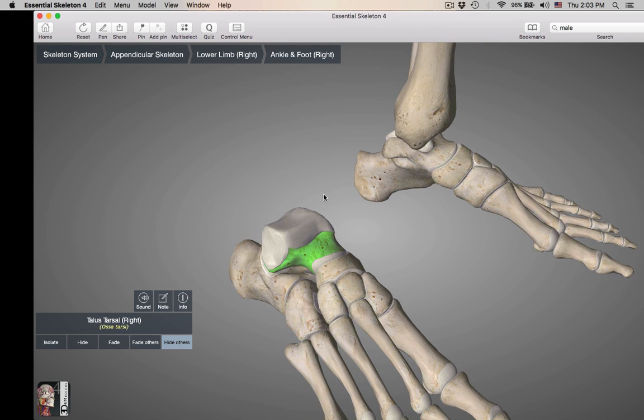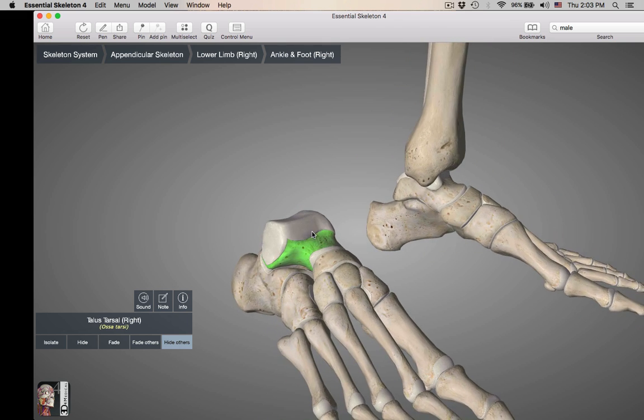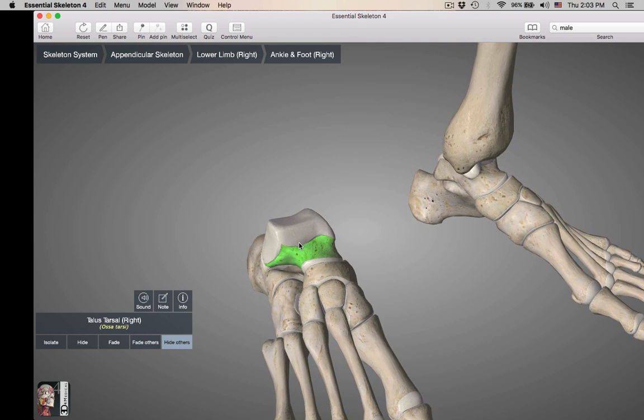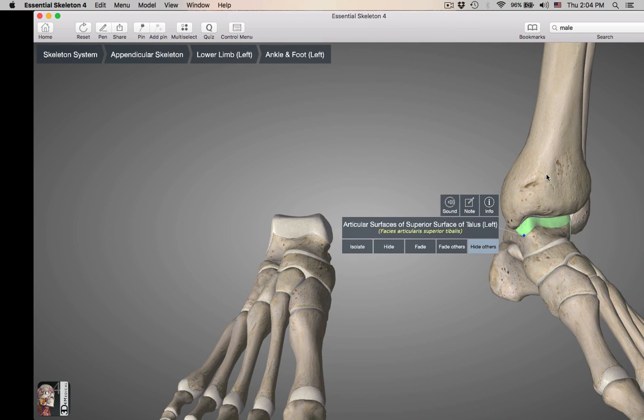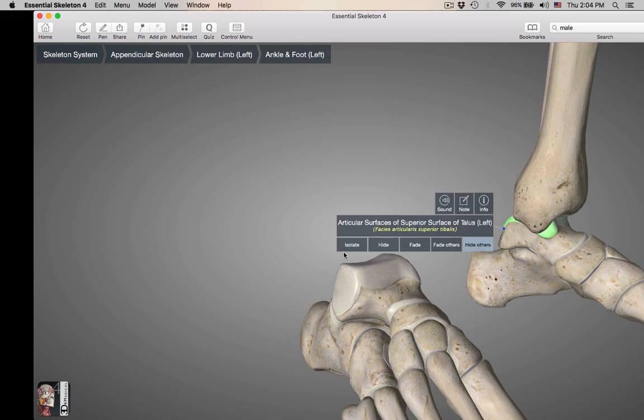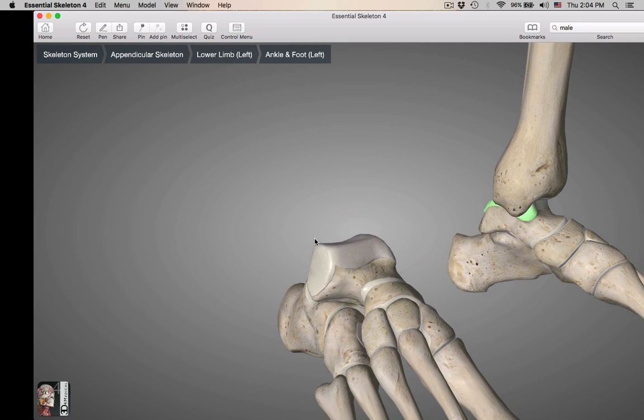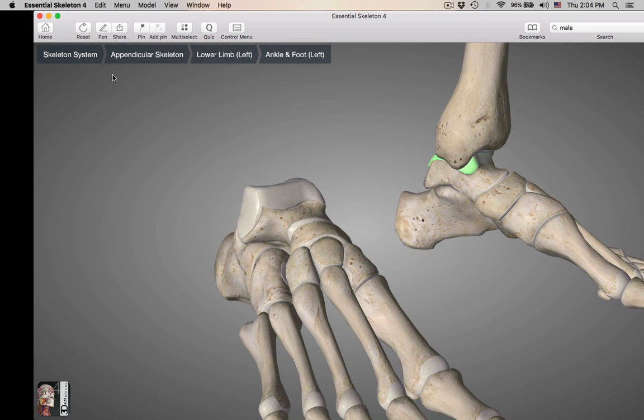Okay, this first bone, this top bone, is the talus. Now the talus is going to be articulating with the tibia. I showed you this in class, it's kind of rocking back and forth over the talus.